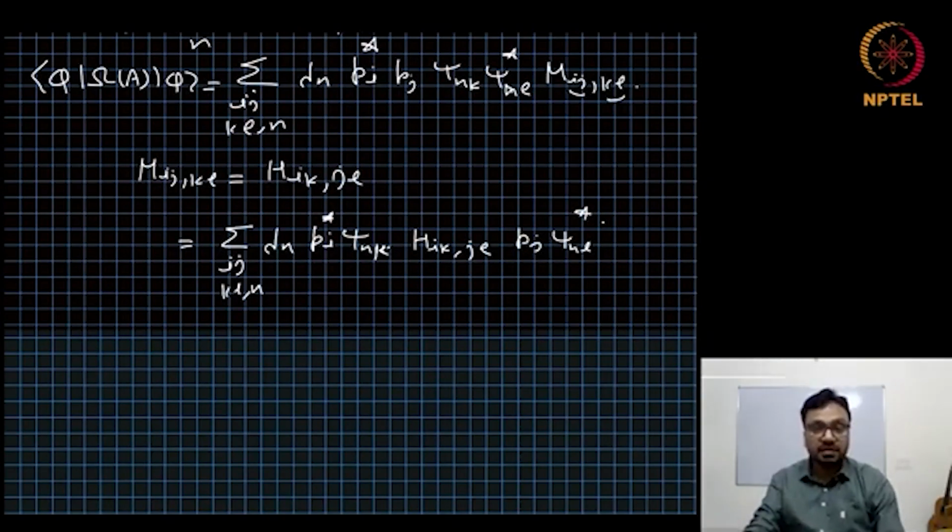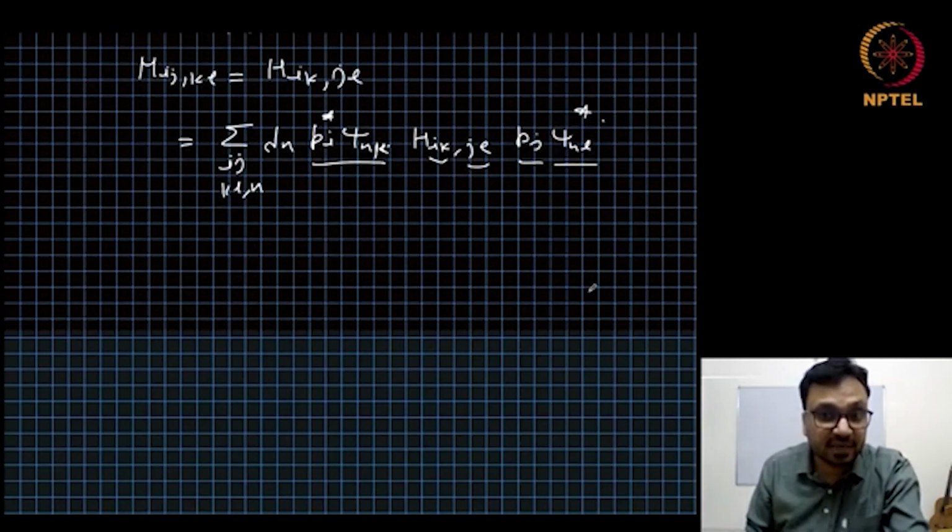So we have kept pi star and psi n k on one side and pj and psi n l star on the other side. This is because we have ik and jl segregation in the indices in the H matrix.